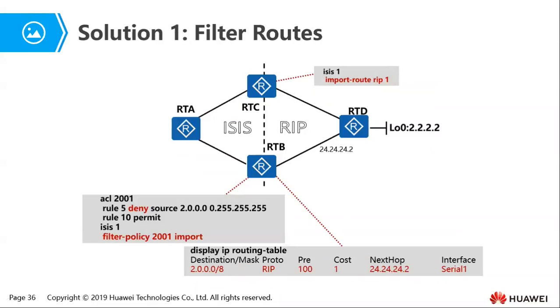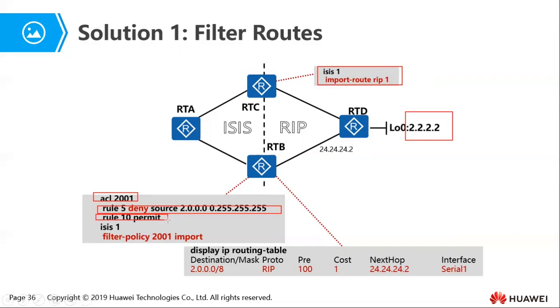So one of the solutions you can use is to filter routes. Let's see how we do that. We come here on ISIS 1, we import route RIP 1. So we want to import RIP routes into ISIS, which will also import this particular network. Now on RTB, we can do an ACL 2001, then rule 5 deny source 2.0.0.0 with that particular inverse mask.